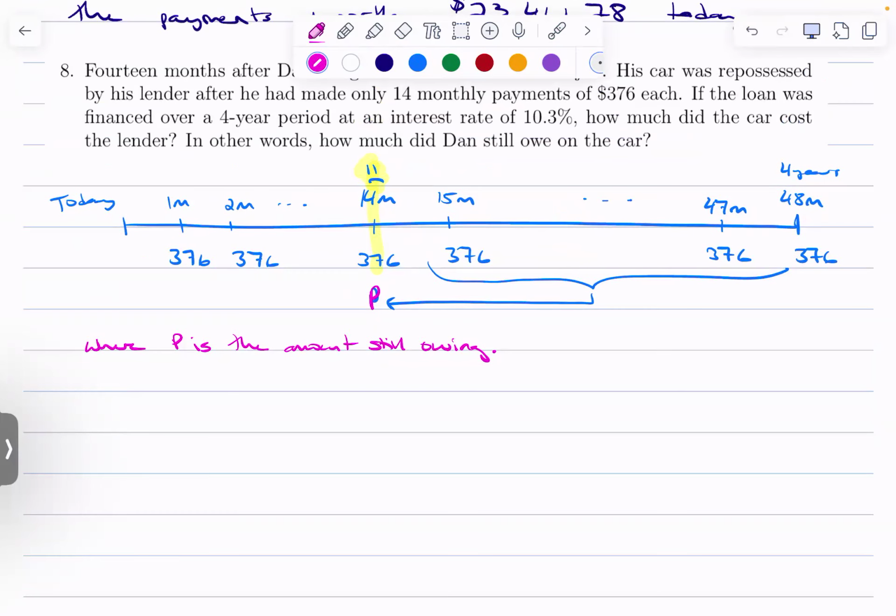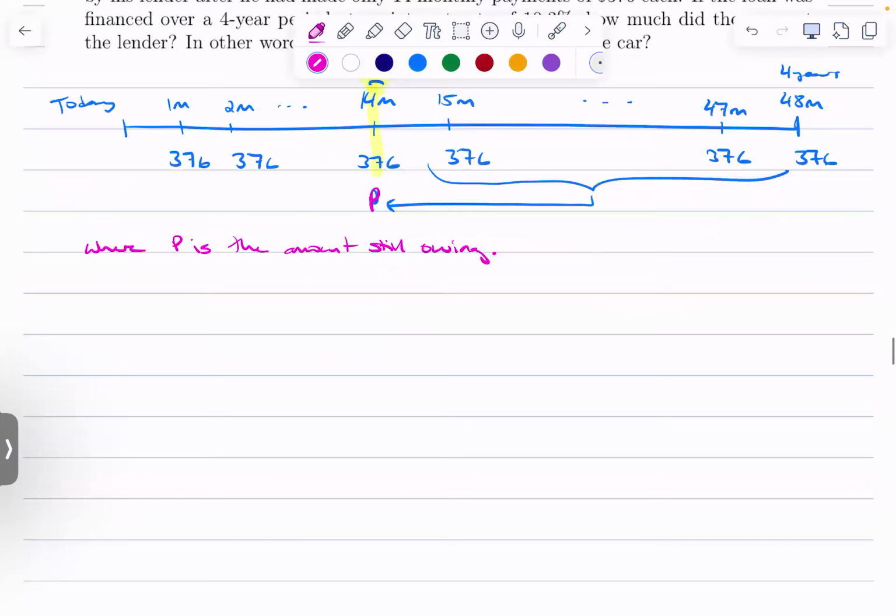So one thing that you could do is just imagine this is all gone, it's paid off, that's squared up, right? And so you can just pretend that didn't happen, but that changes your T, right? You want to make sure that your T now is from the 14 months to the 48 months. And so here, we have to adjust T to be 48 months minus 14 months divided by 12.